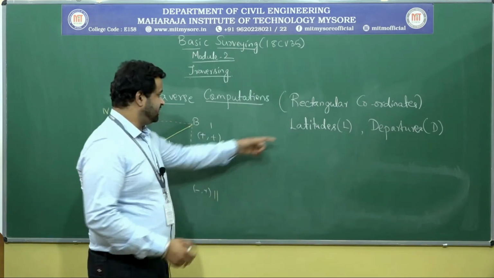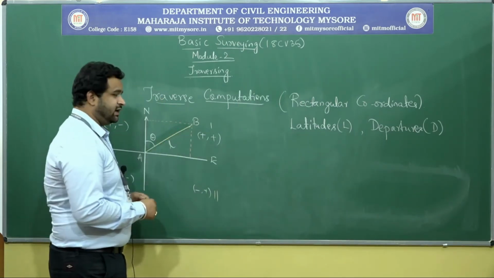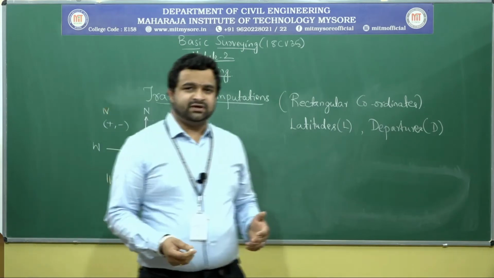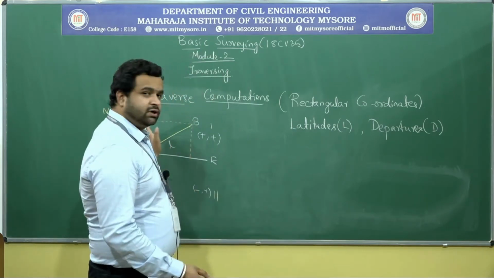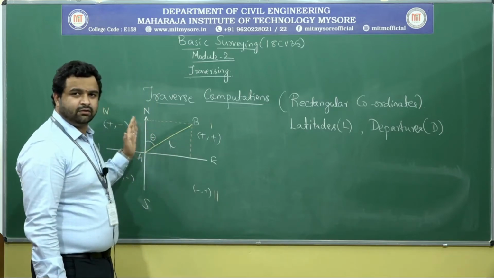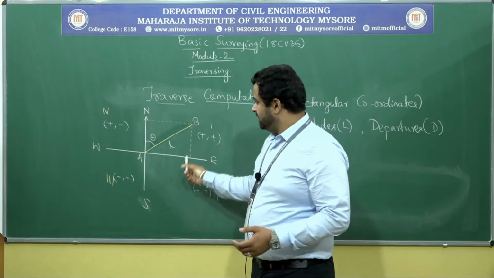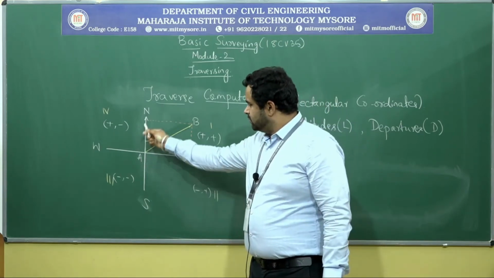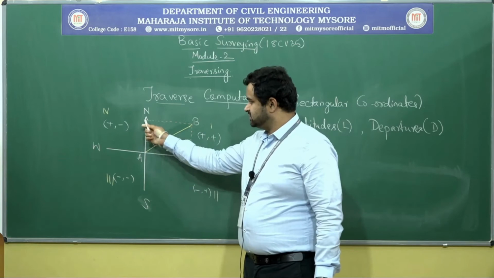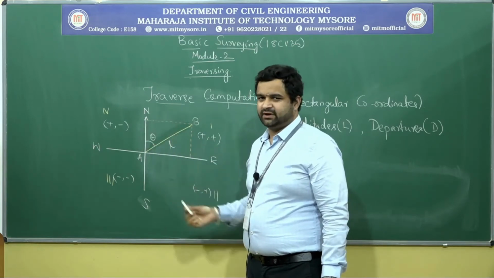Okay. The latitude of the survey line may be defined as its coordinate length, which is measured parallel to the reference meridian or true meridian. Coordinate length measured parallel to the assumed meridian direction, that is, it may be the true meridian or any reference meridian.